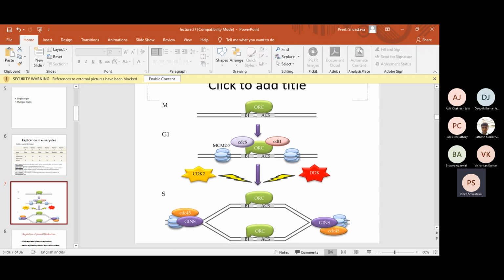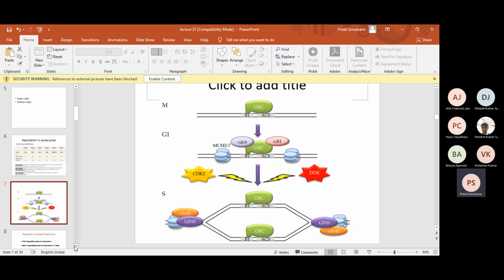All I want to tell you here is that the main differences between prokaryotic and eukaryotic DNA replication are: one, there are multiple origins of replication, and they can all initiate simultaneously. The opening is again based upon the AT-rich sequence.